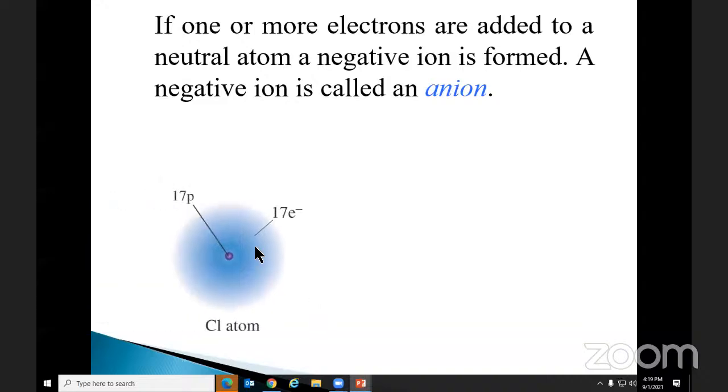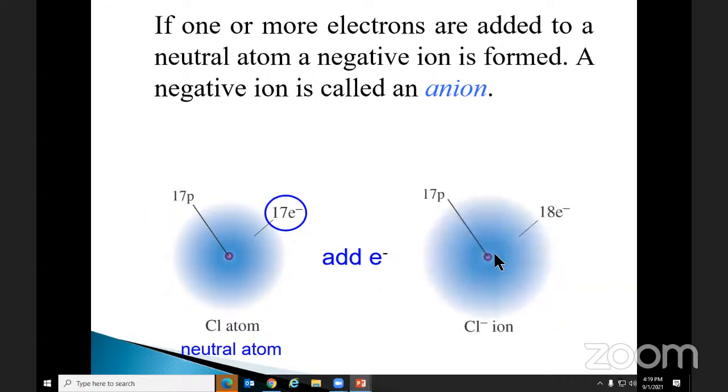So for example, if we look at the chlorine atom, which has 17 protons in the nucleus and 17 electrons surrounding the nucleus, what will happen is that the chlorine atom, which is neutral, is very likely to gain an electron to form this structure where you now have a total of 18 electrons.